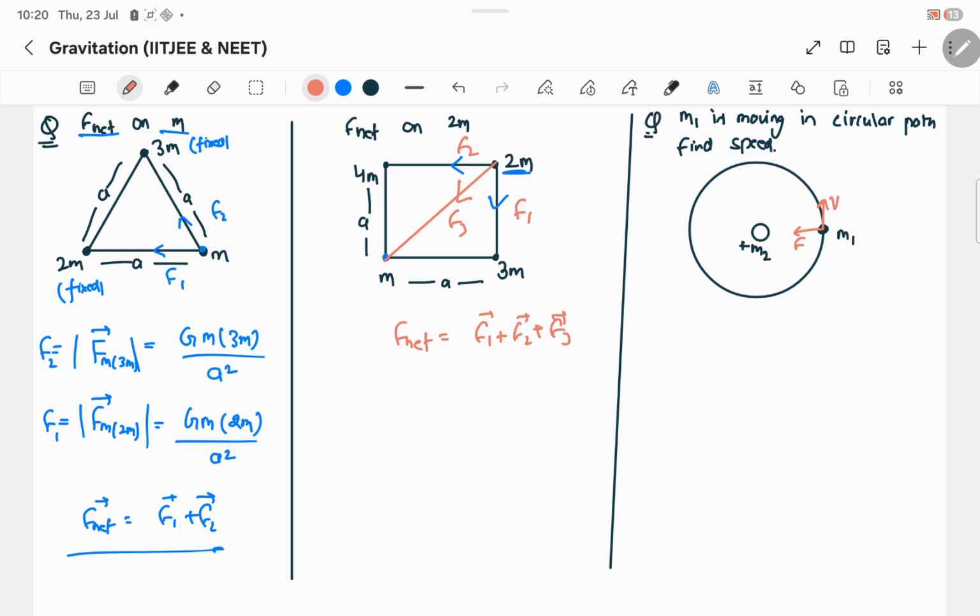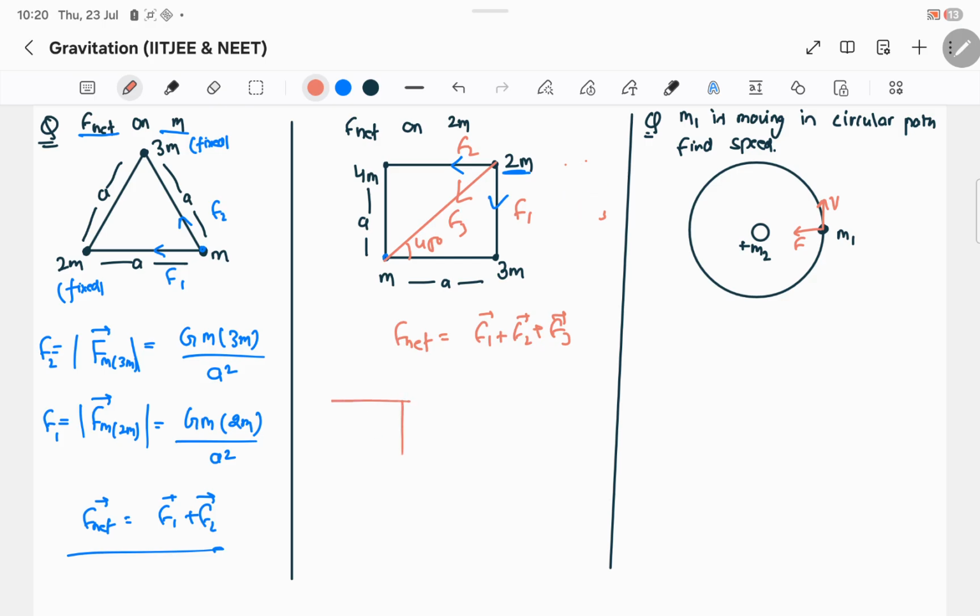Because this is a square, you know this is 45 degrees. You can take help of vectors. You can resolve this F3 into components, I will show it here.